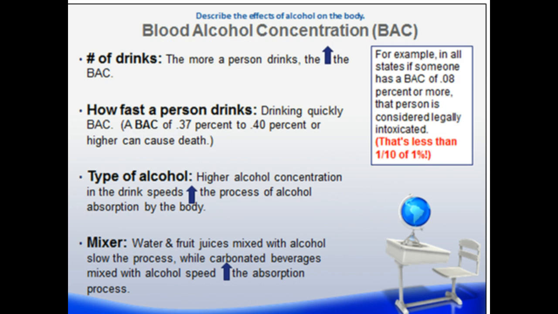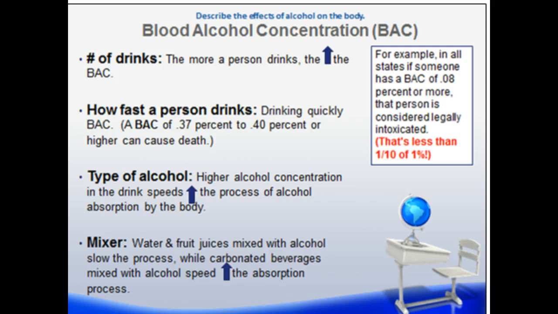Blood alcohol concentration, or BAC. Each alcoholic beverage has a proof, right? Which is a measure of the amount of alcohol found in a container of liquor. The proof of a drink is double the percent of alcohol in the bottle. For example, 80 proof vodka is 40% alcohol.